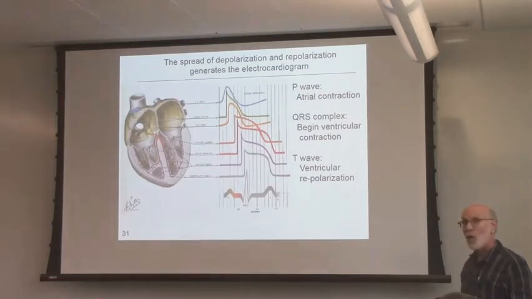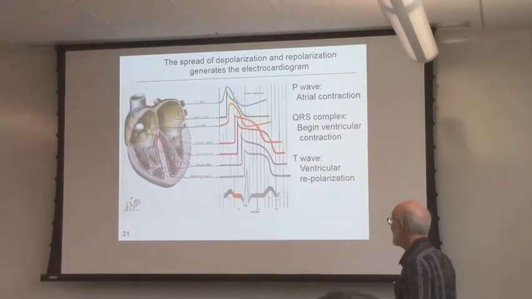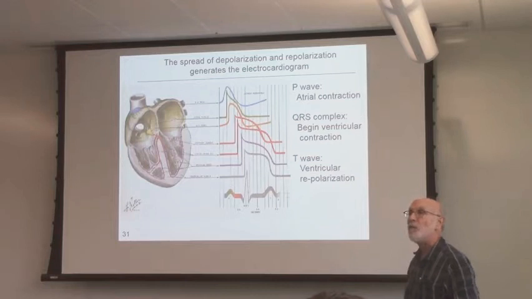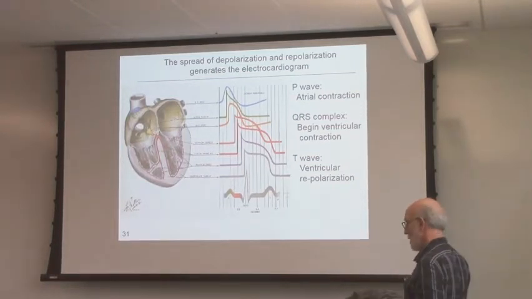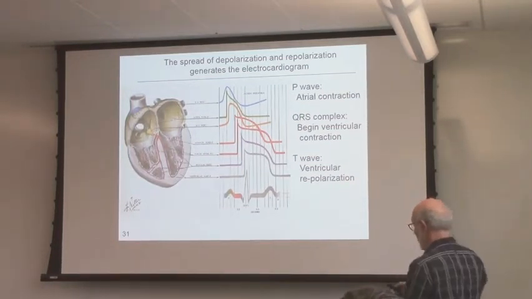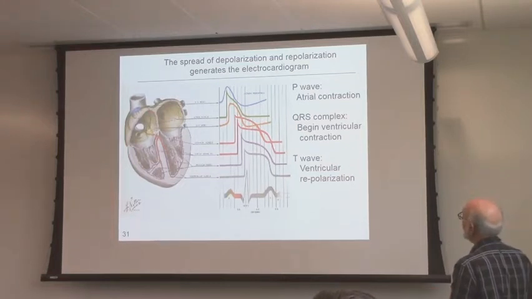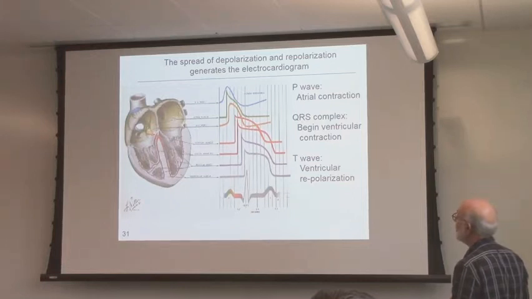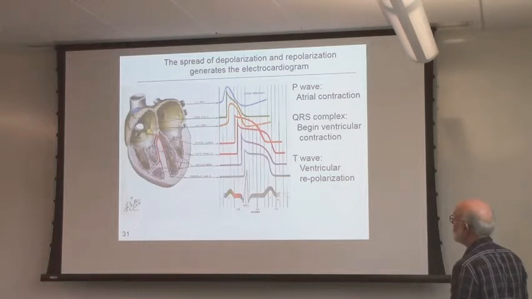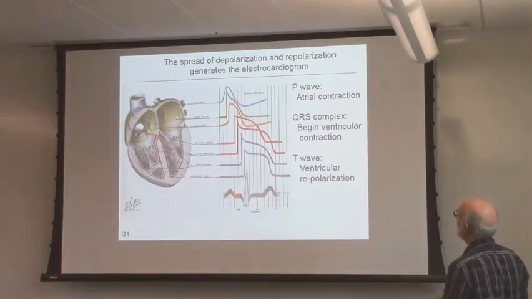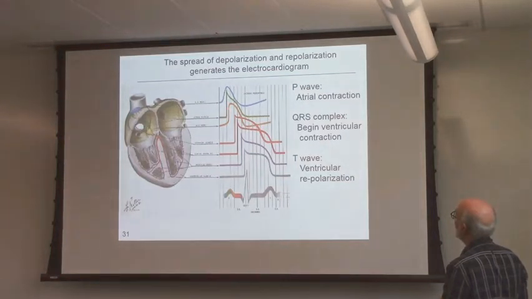Okay, so now in the last 8 minutes of class, I probably am not going to get through all of this, but I want to introduce the electrocardiogram. This is basically the spread of electrical activity from the SA node through the atria to the AV node, through the bundle of His, the bundle branches, the Purkinje fibers, to the ventricular myocardium.